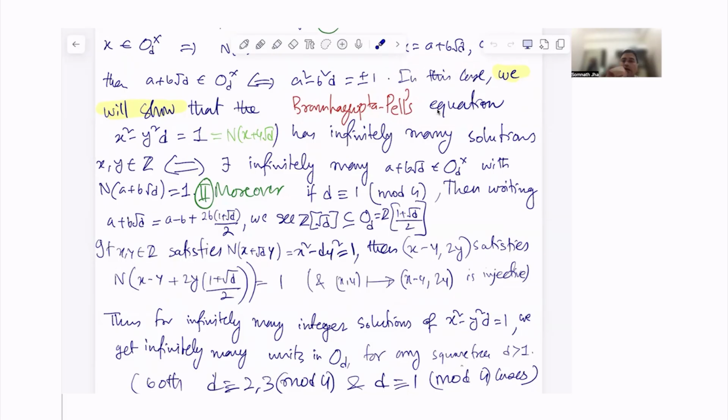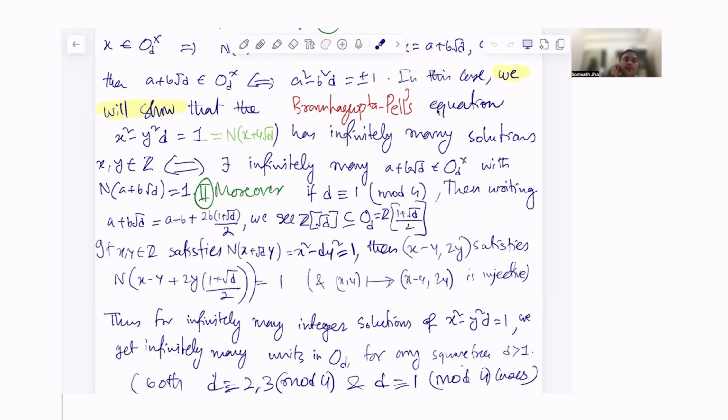For negative integers, the norm one elements are only finite, and they are in fact only plus and minus one, unless D is equal to minus 1 or D is equal to minus 3. In the case D equals minus 1, Z[i], there are 4 units: plus minus 1, plus minus iota, where iota is the square root of minus 1.